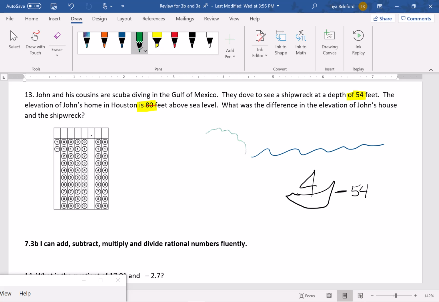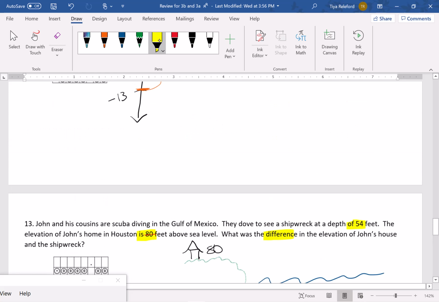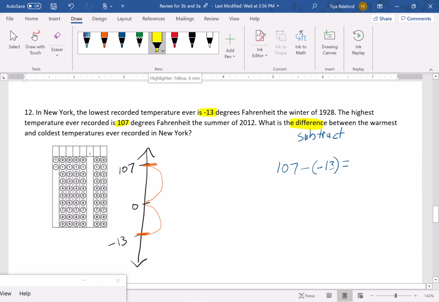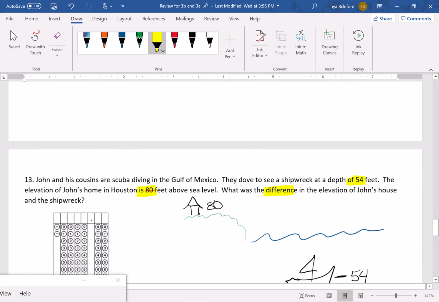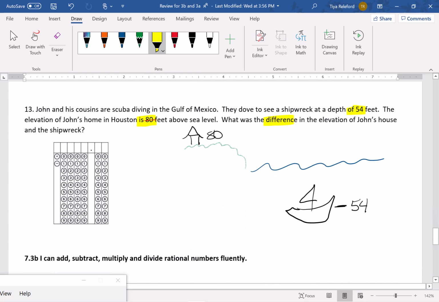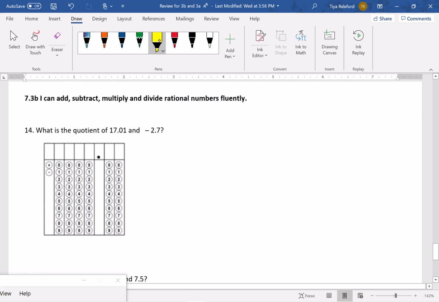So here he is, and here's his house. 80 feet positive. What is the difference between the elevation of John's house and the shipwreck? This number 13, you are looking for the difference. You have a positive and a negative.